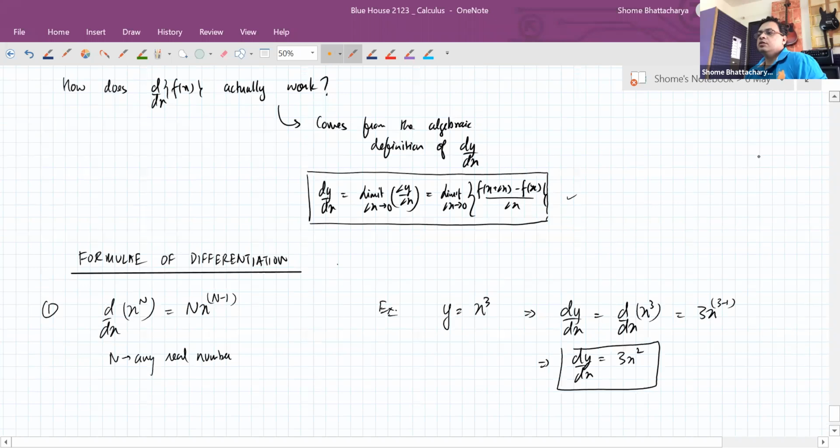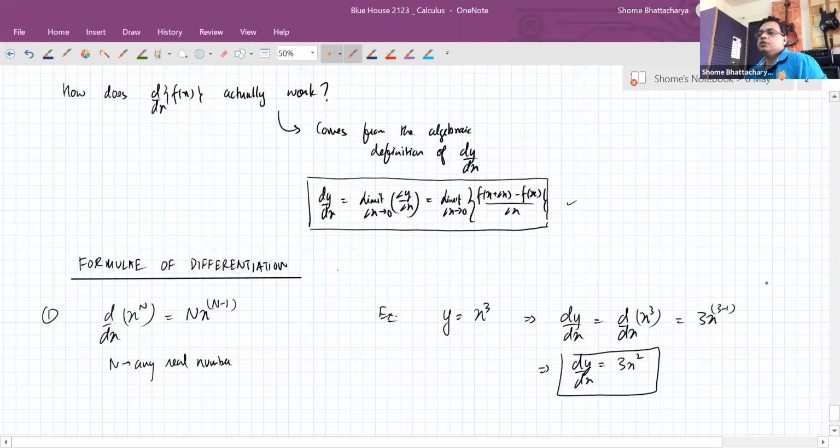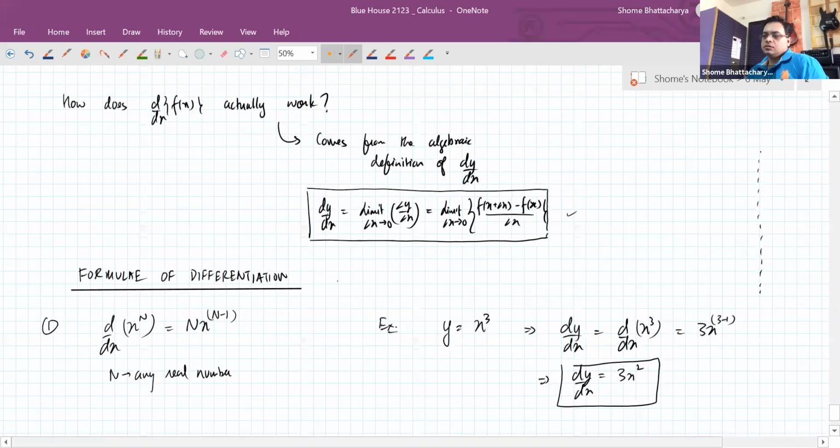So just make a quick summarized note of this. So how does the 3x squared come now?